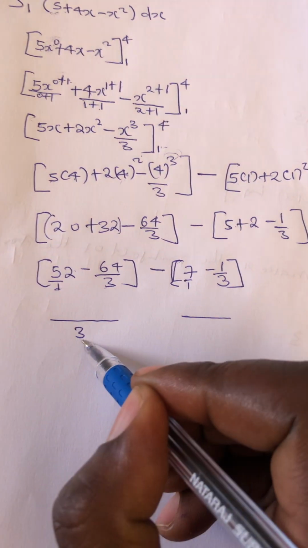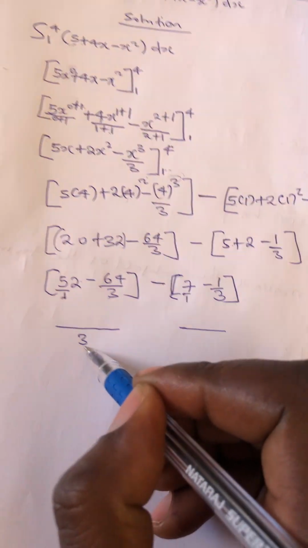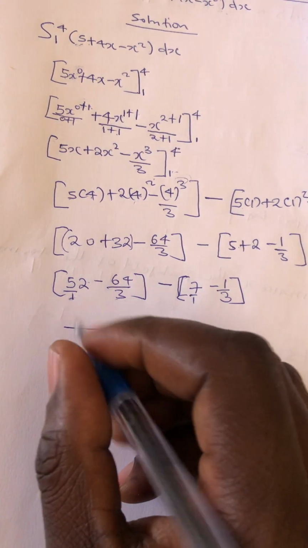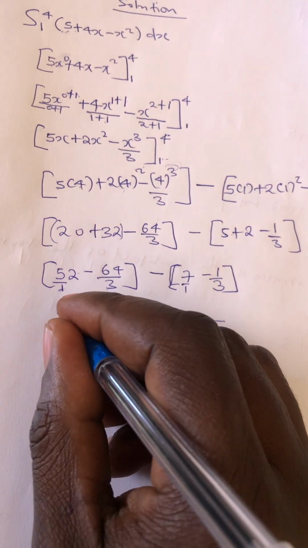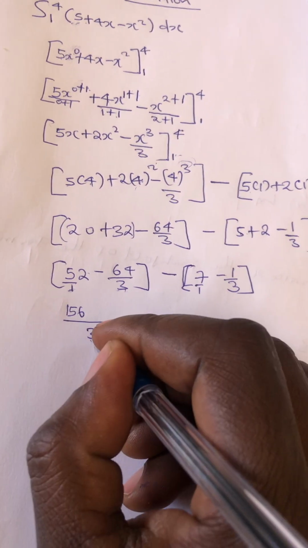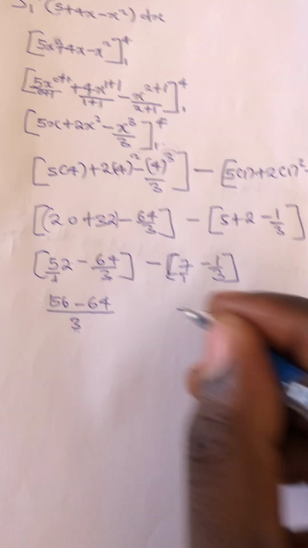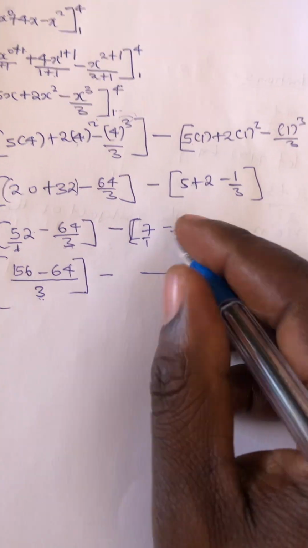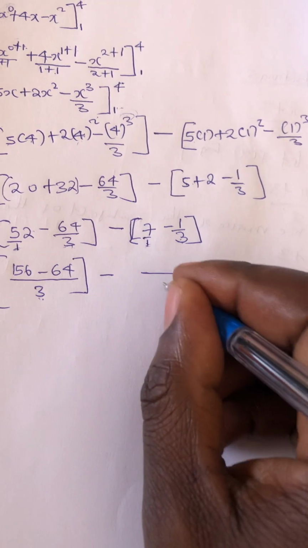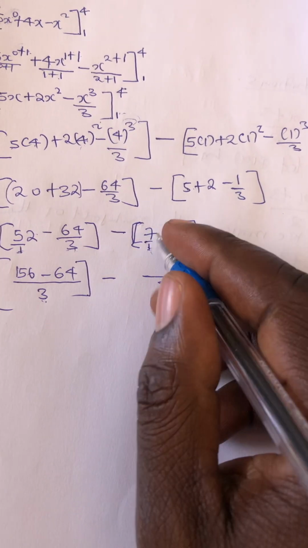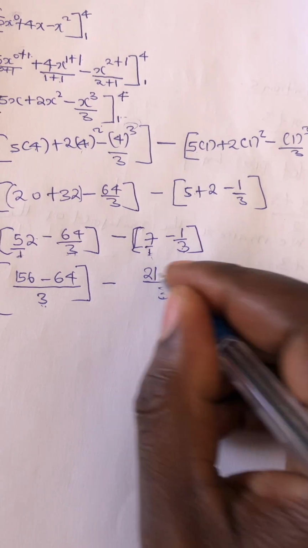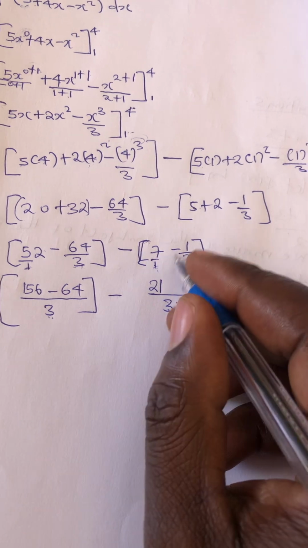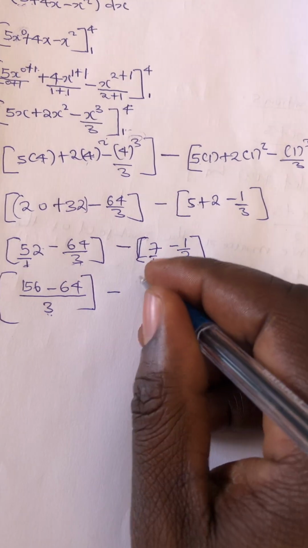So 1 into 3 is 3 times 52, we're going to get 156, minus 64 over 3. Let's do the same on this side. The common denominator of 1 and 3 is 3. 3 times 7 is 21, minus 1 over 3, 1 times 1 gives 1.